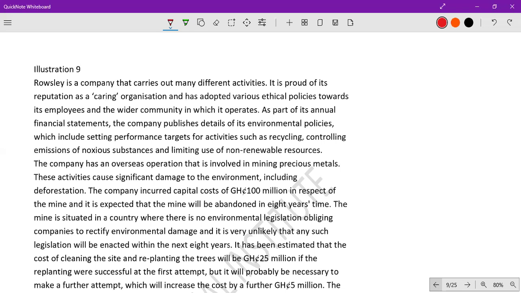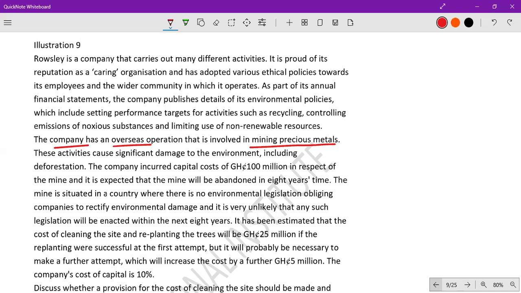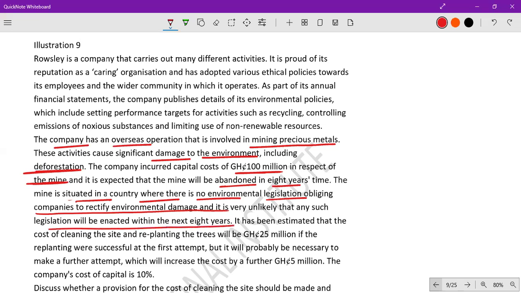The company has an overseas operation that is involved in mining precious metals. These activities cause significant damage to the environment, including deforestation. The company incurred capital cost of 100 million Ghana cedi in respect of the mine, and it is expected that the mine will be abandoned in 8 years' time. The mine is situated in a country where there is no environmental legislation obliging companies to rectify environmental damage, and it is very unlikely that any such legislation will be enacted within the next 8 years.